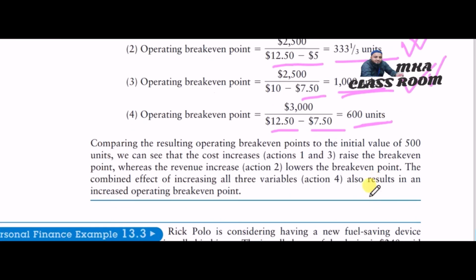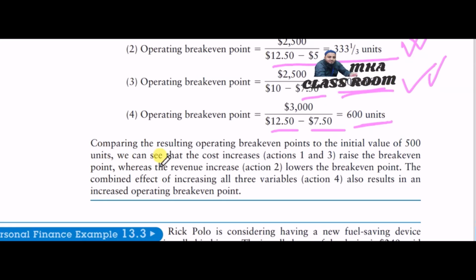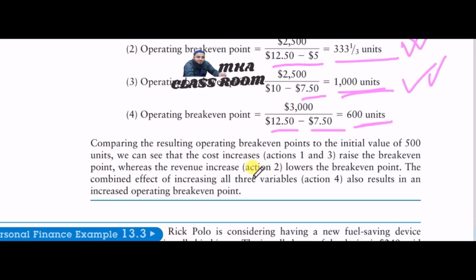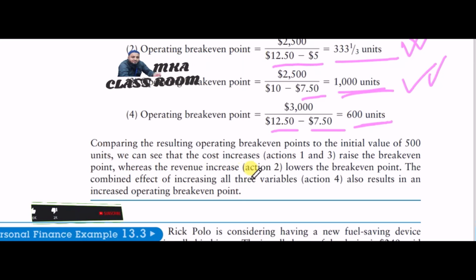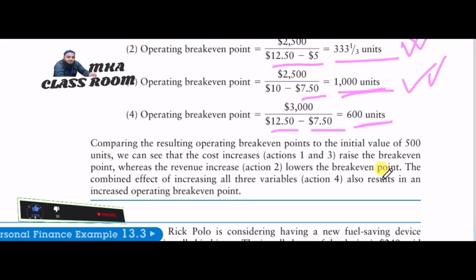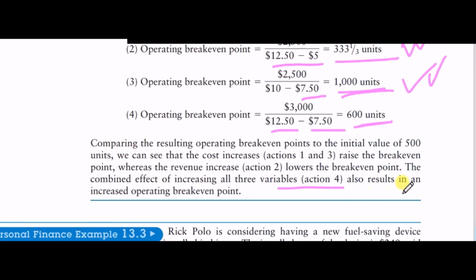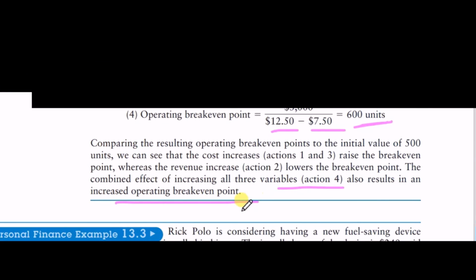Comparing the results to the initial value of 500 units, we can see that cost increases raise the break-even point, whereas revenue increases lower it. The combined effect of all these changes also results in an increased operating break-even point.